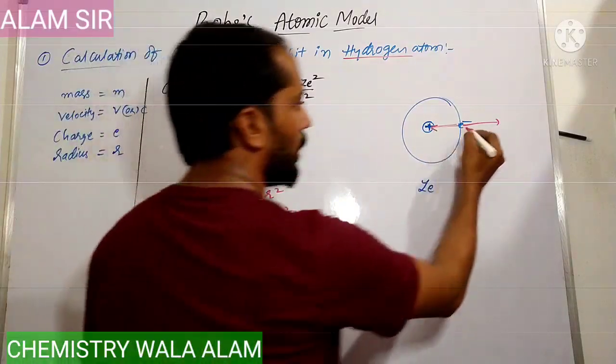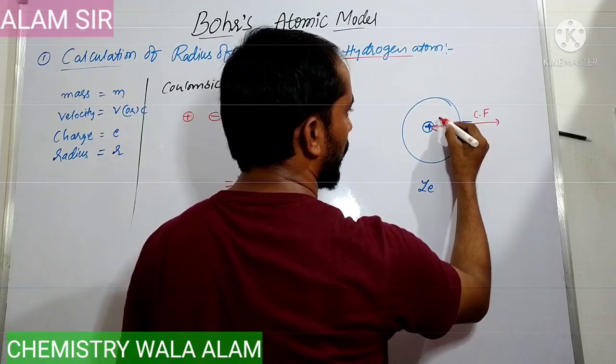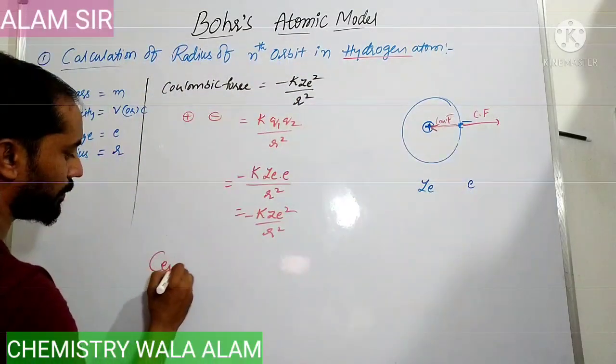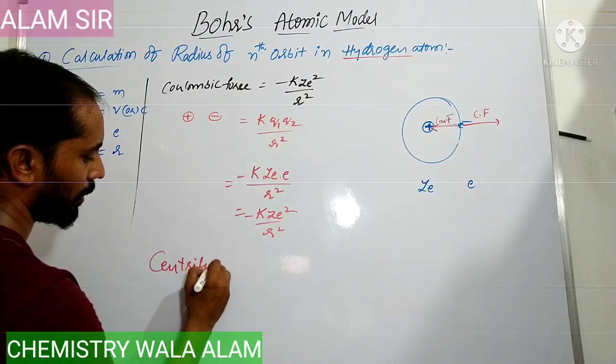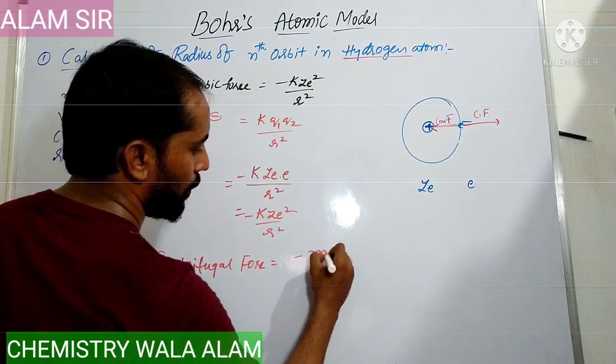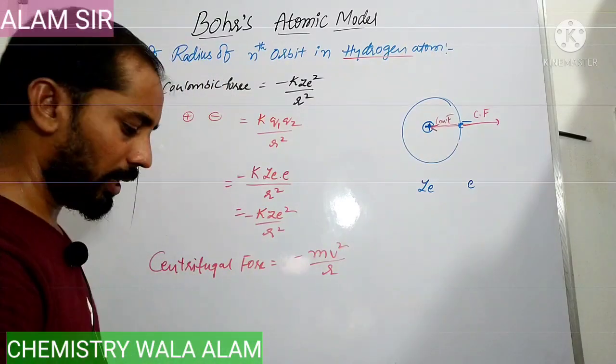And the second one is the centrifugal force. This is the Coulombic force. Then what is the centrifugal force? The centrifugal force is equal to minus mv² by r.